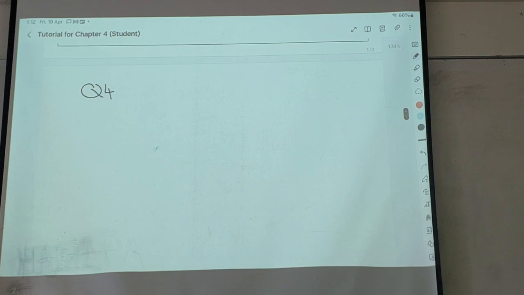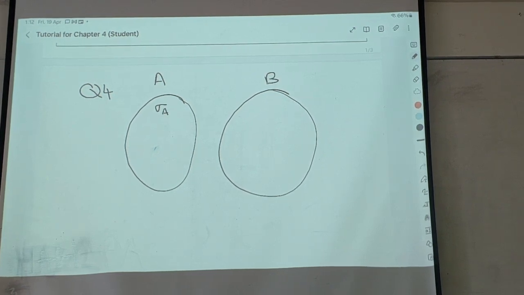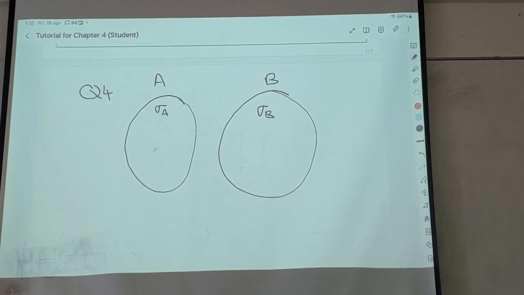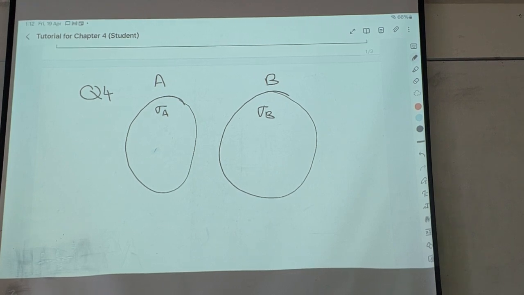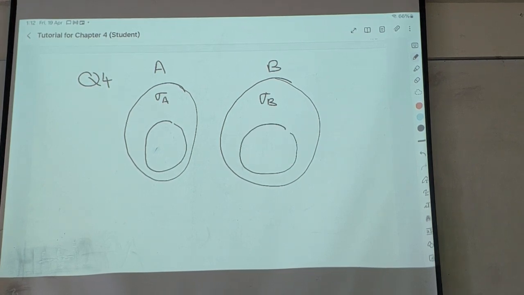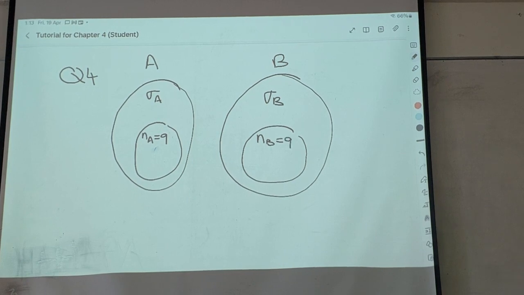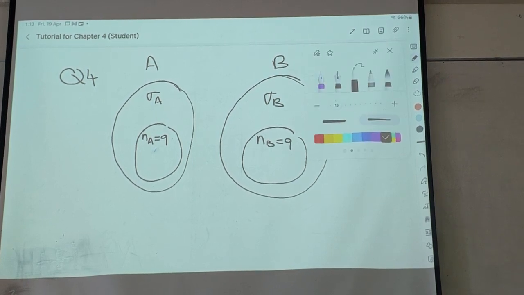Okay, question 4. We have A, we have B. We want to know whether it is the same or not in terms of the population standard deviation. In order to do so, we collect a sample. For this sample, the number of samples for A is what? 9. Both are 9, right? However, this question is not straightforward.